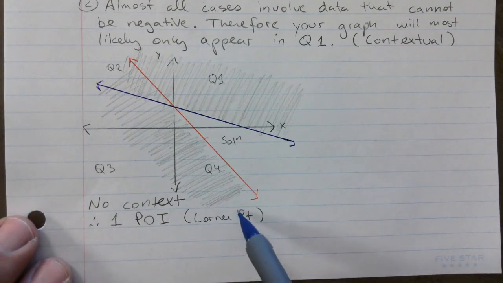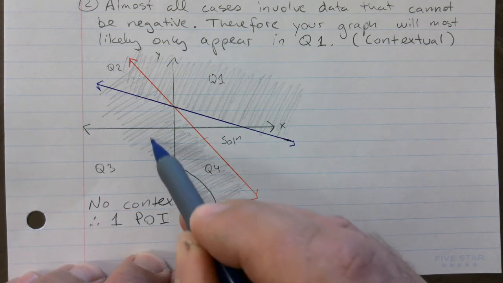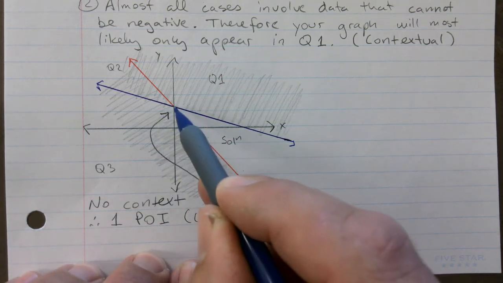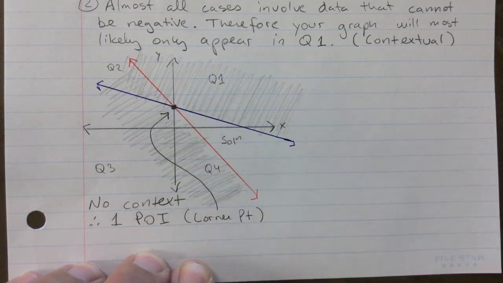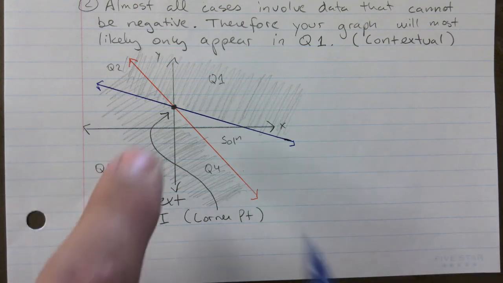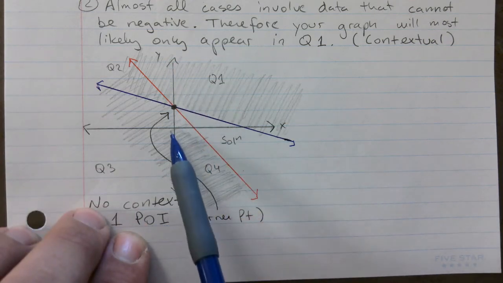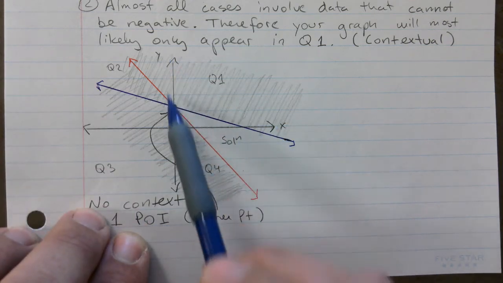Okay, and that corner point, we can use an arrow, right, just to tell ourselves that it's right there. There's only one corner point here. So that's what your calculator is going to do every time, right? It's going to include all quadrants. As soon as it becomes a word problem, if I told you, hey, wait a minute, there's actually context involved with your variables, you're now limited to just the first quadrant.